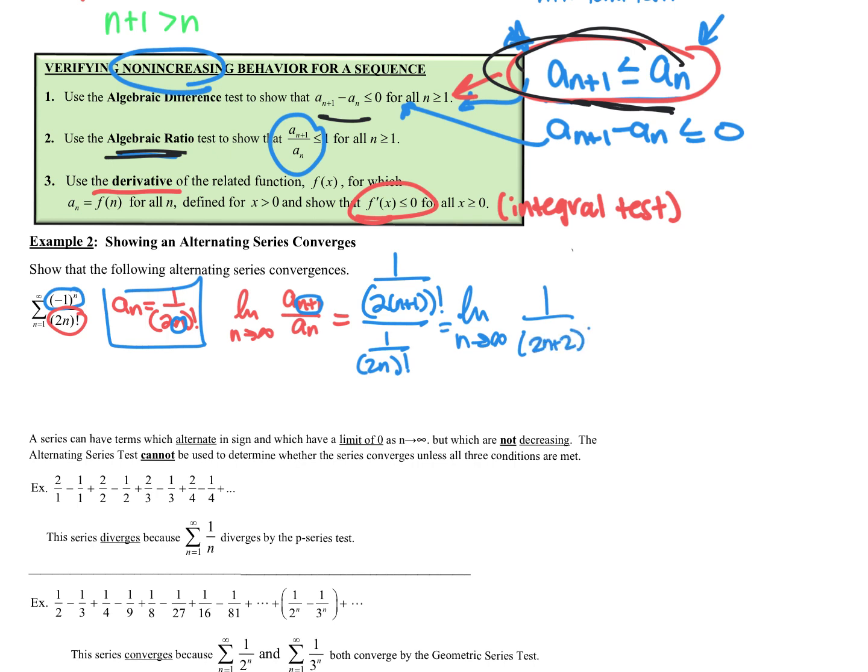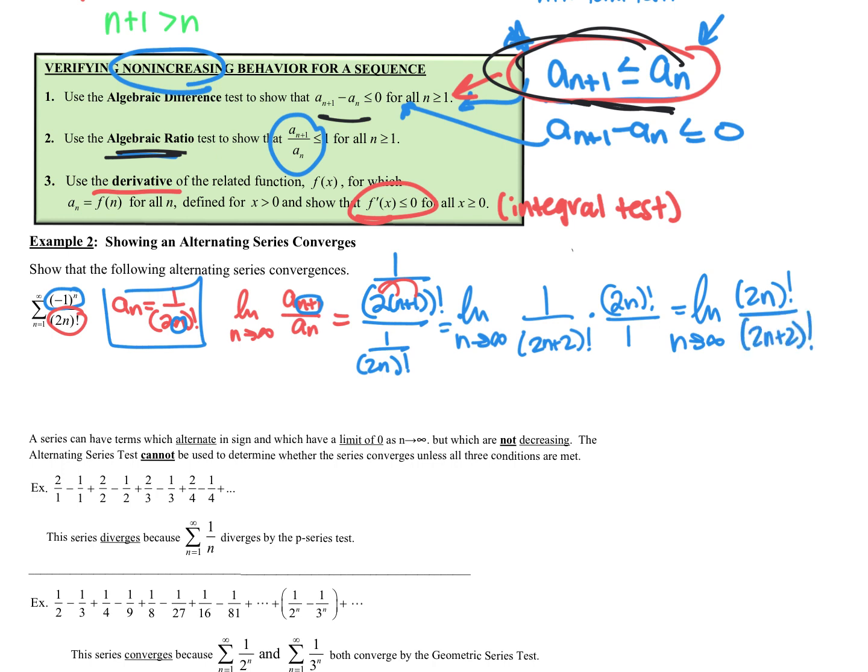I'm going to go ahead and distribute here the 2. And then times 2 to the n factorial over 1. So this will be the limit as n approaches infinity of 2n factorial over 2n plus 2 factorial.